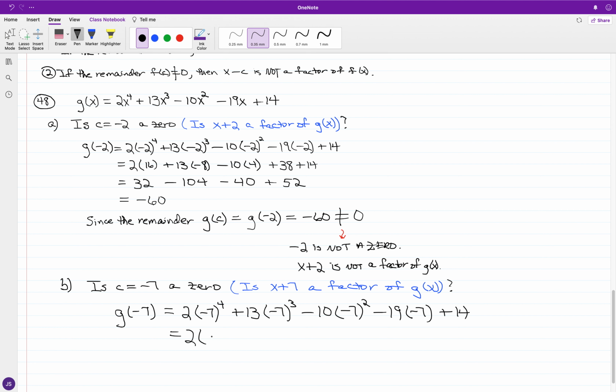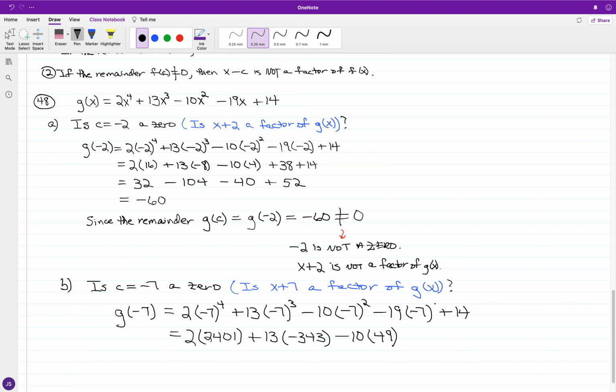Now for negative 7 to the 4th, we're going to have a large number, 2401, and negative 7 cubed is going to be highly negative at minus 343. And we have minus 10 times the square of negative 7, so we have 49.